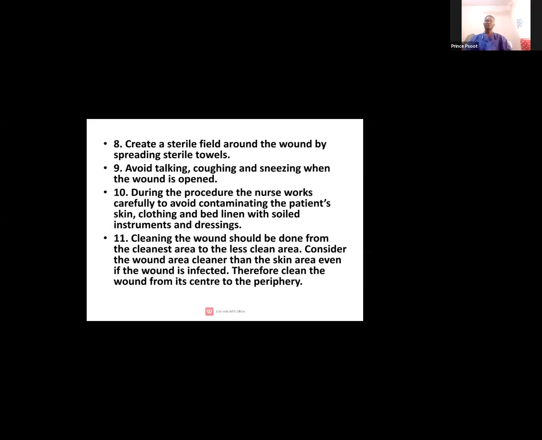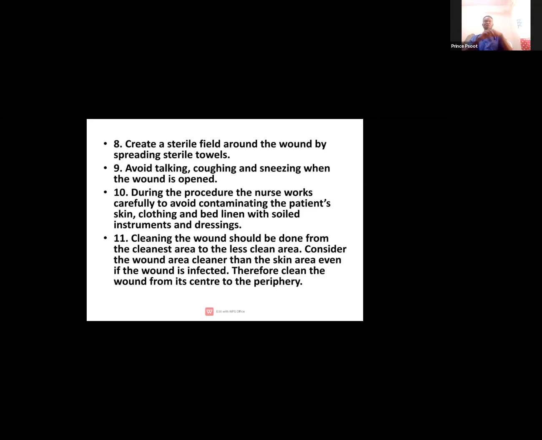You create a sterile field around the wound by spreading sterile towels. Before we open an injury, you clean around the injury and you place around that injury a sterile towel, not just expose the wound anyhow.